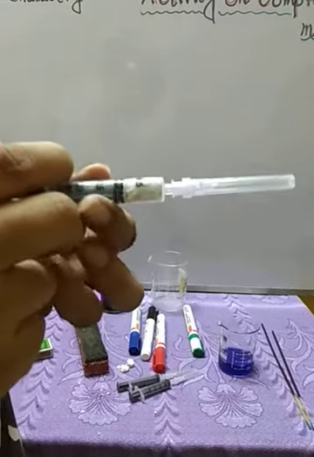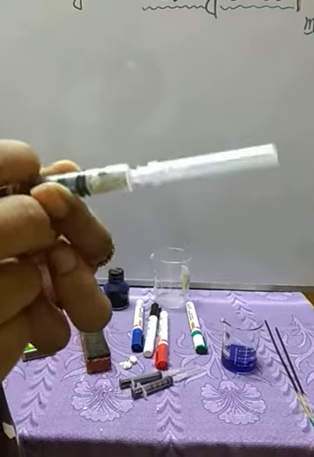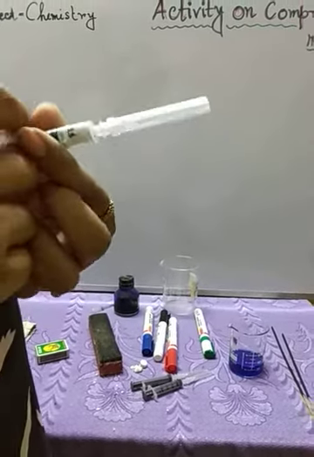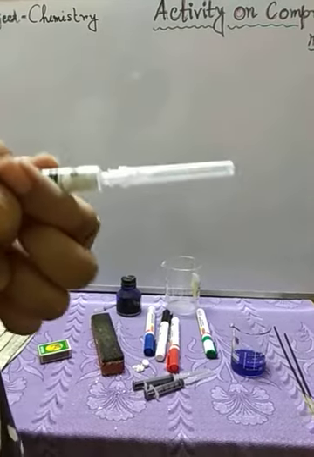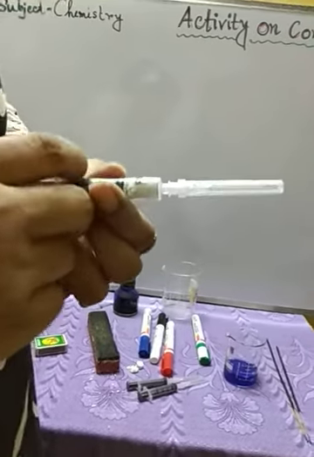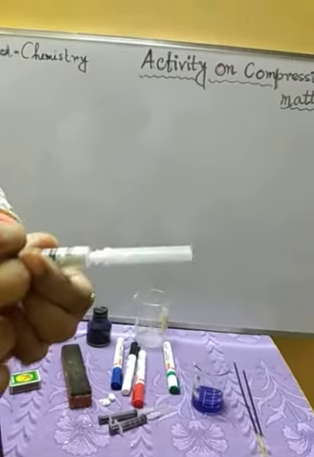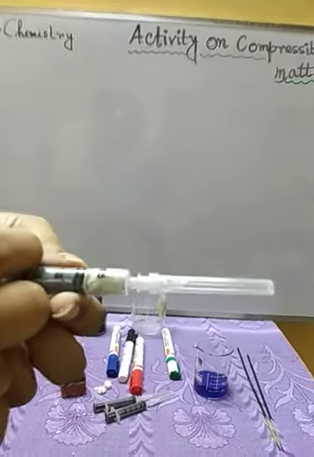It cannot be compressed much. If instead of chalk pieces we had taken any other solid like an iron piece, any hard metal, then we couldn't have compressed it even that much. So this is for the solid.